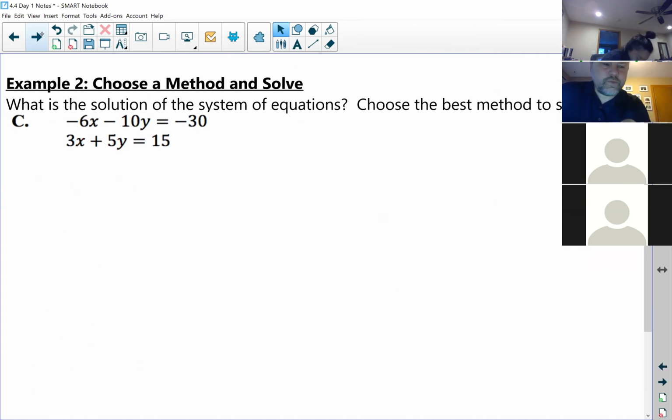Third example. All right, which method would you use to solve that system?